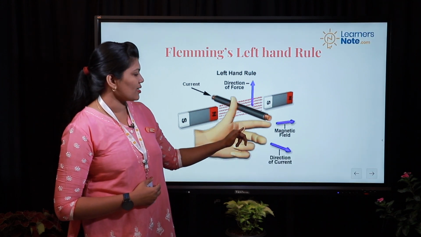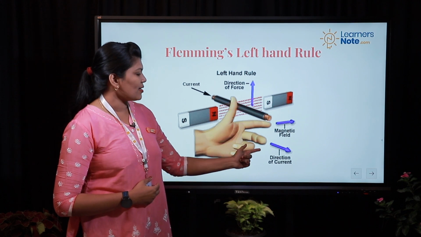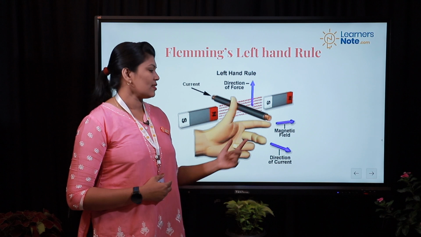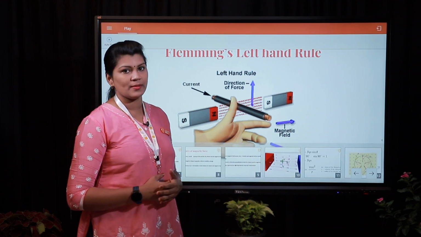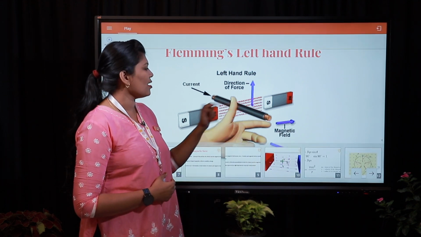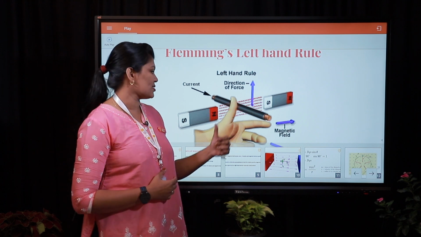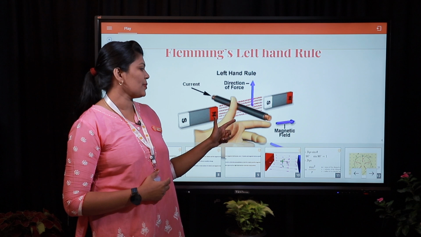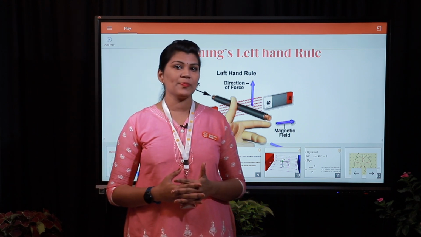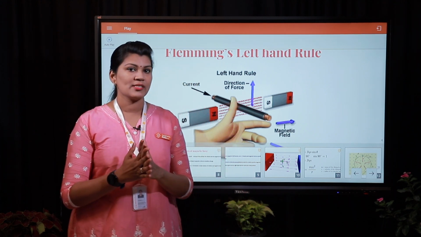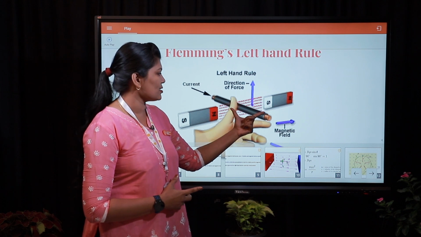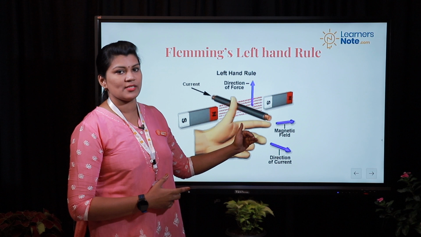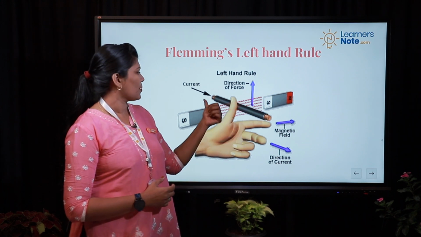The direction of current, that is the direction of movement of the charged particle, is represented by the middle finger, and the thumb indicates the direction of the force, that is, the direction of the Lorentz force. That means the charged particle will experience a force in the upward direction if the magnetic field and the movement of the charged particle are in these directions.